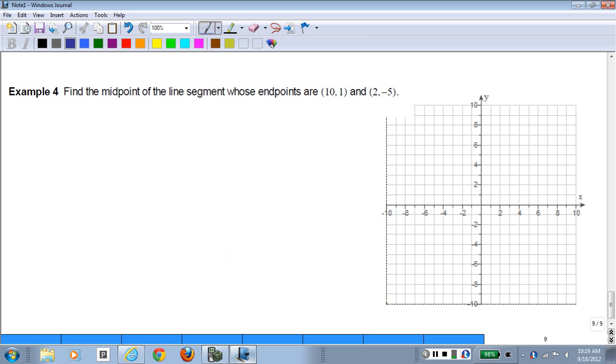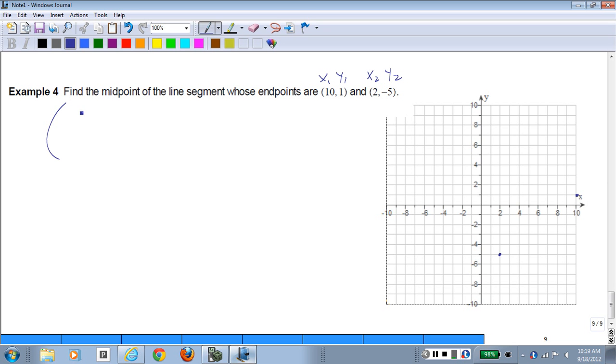We dealt with these points a little bit ago. (10, 1) is right there. (2, -5) is right there. Let's use the midpoint formula, and then we'll connect the dots, find the point halfway in between, or plot the point that the answer we get, and see if it looks like it's halfway in between. So again, I'm going to call this one x sub 1, again y sub 1, again x sub 2, again y sub 2.